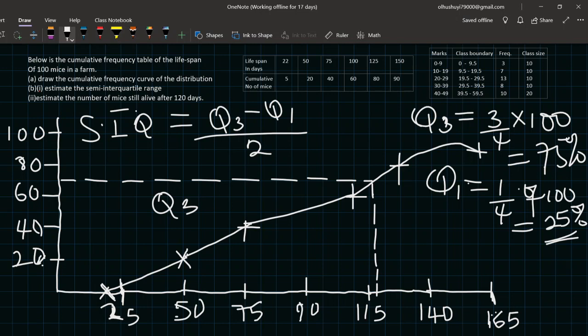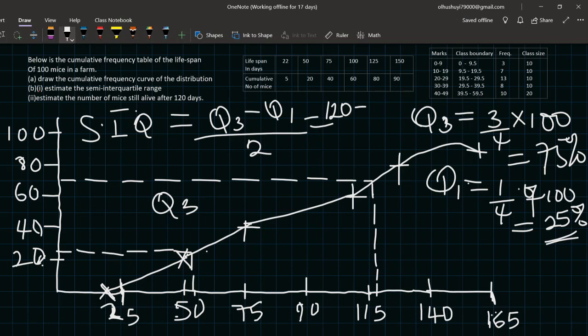So what do we have now? We go to 120 minus, go to 25%. 25% is here. To do that properly in your book, we get the exact answer.